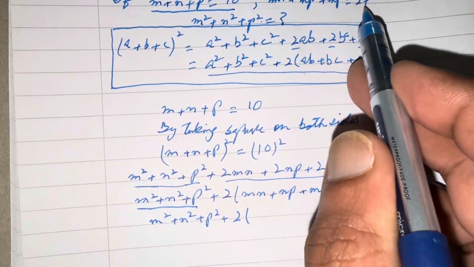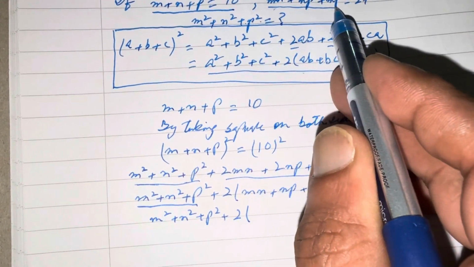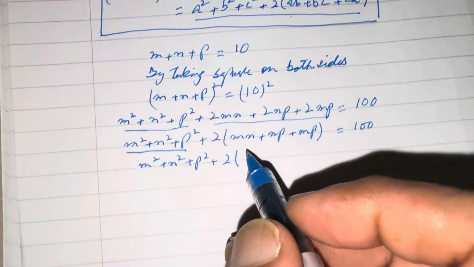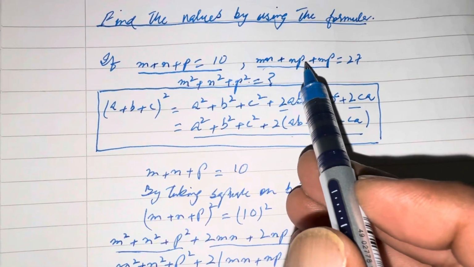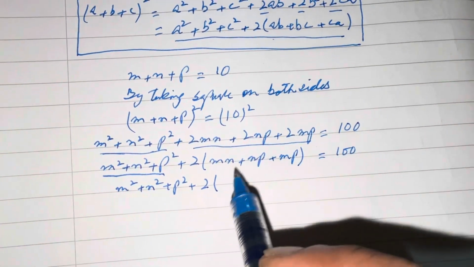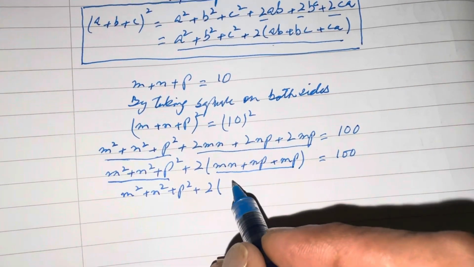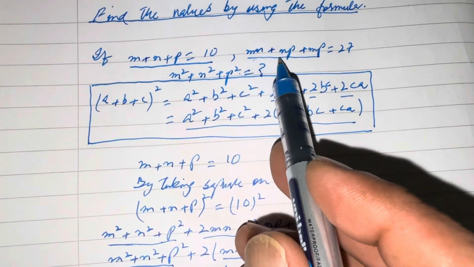So what we're going to do is put the value of this expression over here. If you see that mn plus np plus mp is equal to 27, we will put the value of this thing as 27, which is already given in the question.